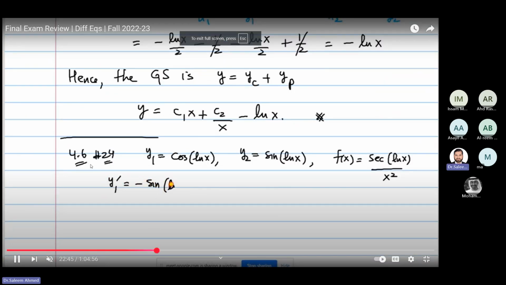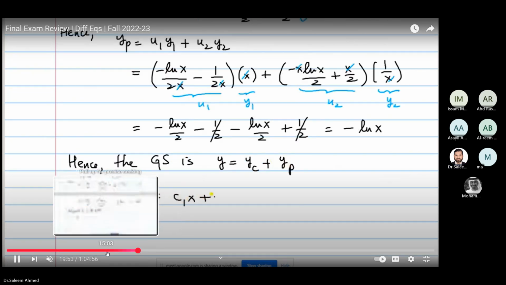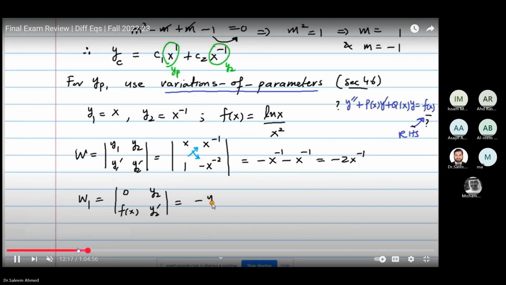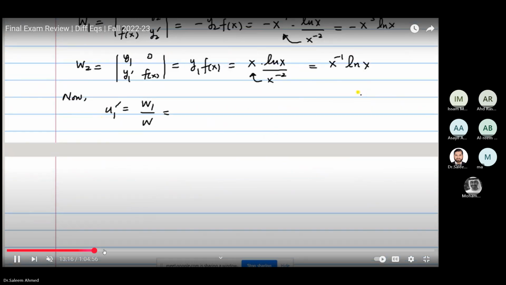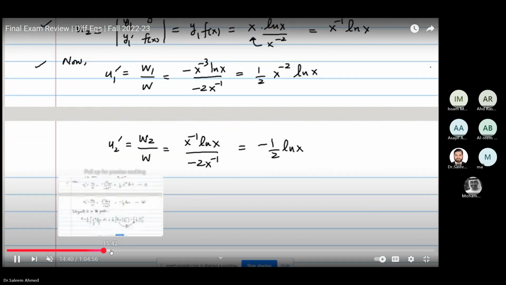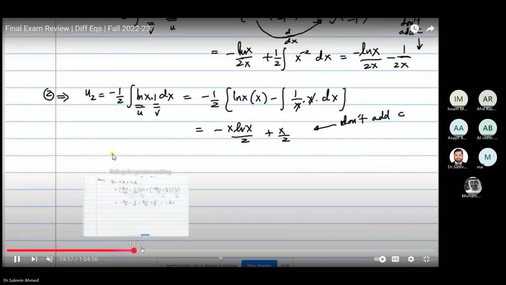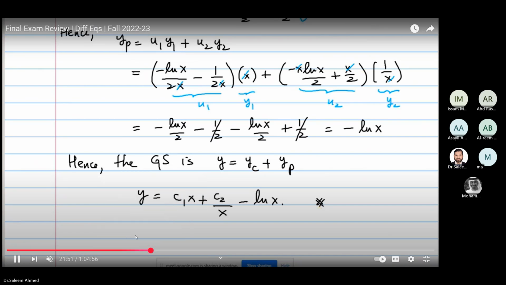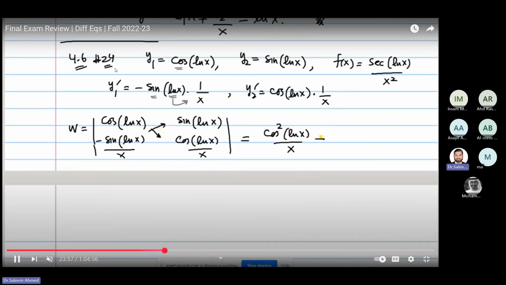You see here, I am doing one problem with 4.6, and I did one problem with 4.4. So you can repeat this. See here, this is 4.6 number 24.